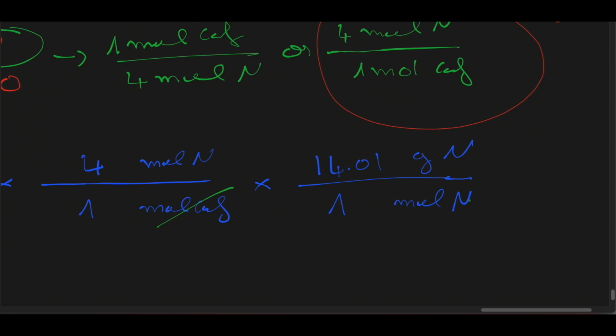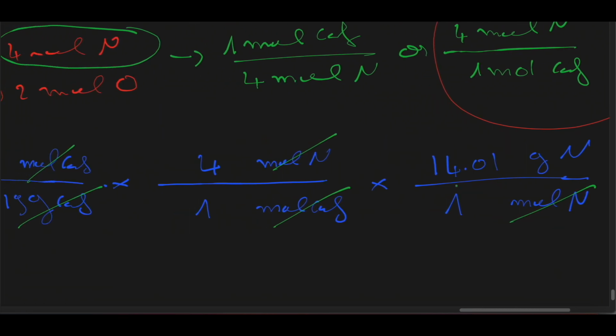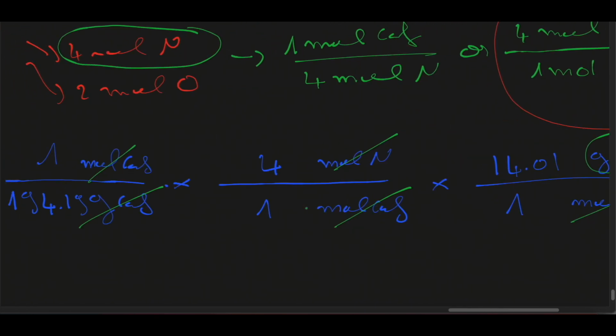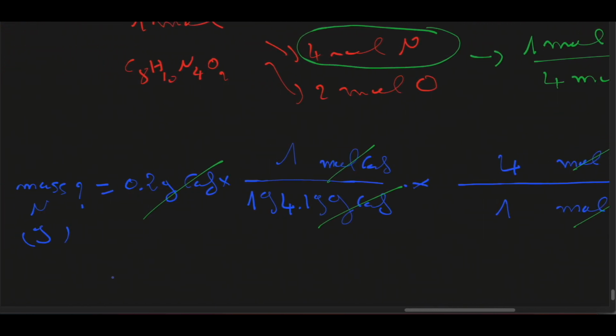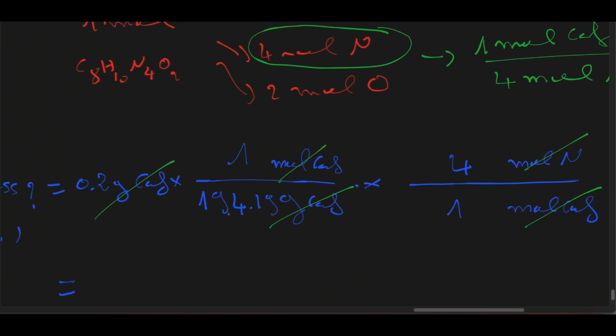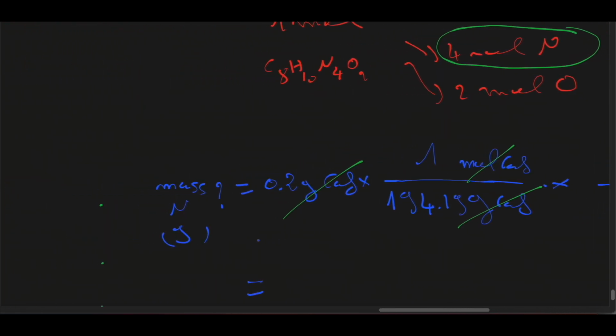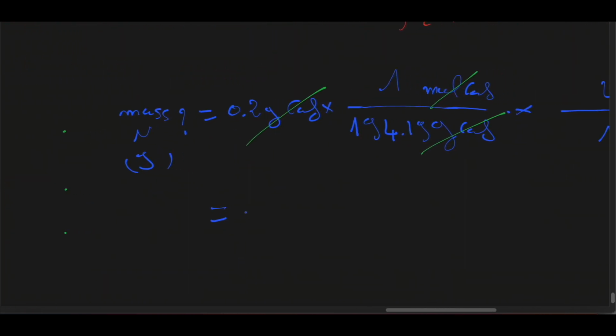Here also we can cancel mole of nitrogen, and at the end we get the grams of nitrogen. We can make the calculation by multiplying 0.2 times 1 over 194.19 times 4 times 14.01, and we get the mass of nitrogen in this compound, which is equal to 0.058 grams of nitrogen.